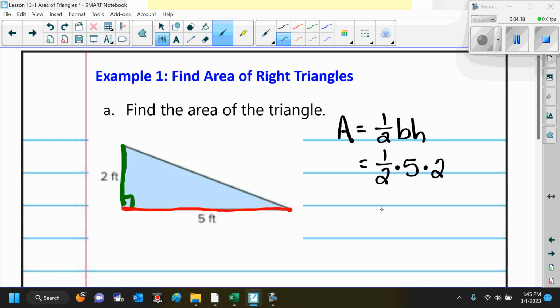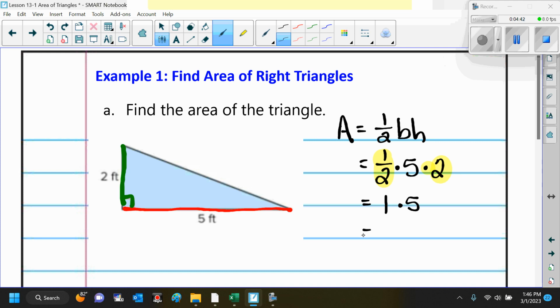Now, you know that you can multiply in any order you want to. So, of course, multiplication, the word for that is of, right? So if I took 1/2 of 2, that's going to be 1. So that's 1.